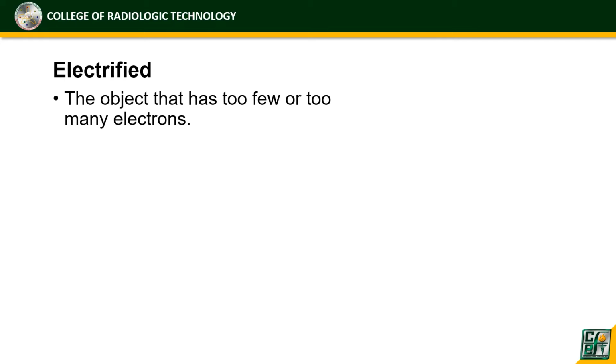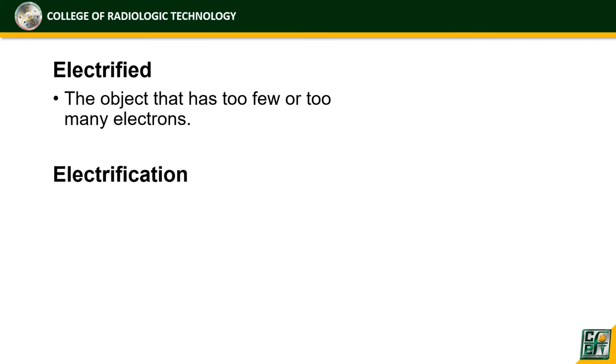Remember that the protons are located in the nucleus together with the neutrons, and they are tightly bound, while the electrons are more freely orbiting the nucleus, and therefore the electrons are the ones mainly affected or mainly utilized in the process of electrification.